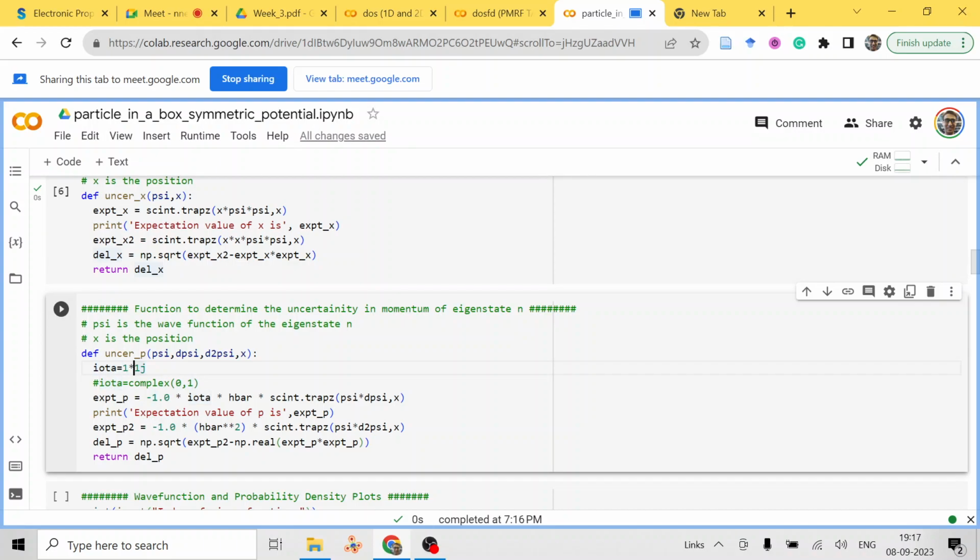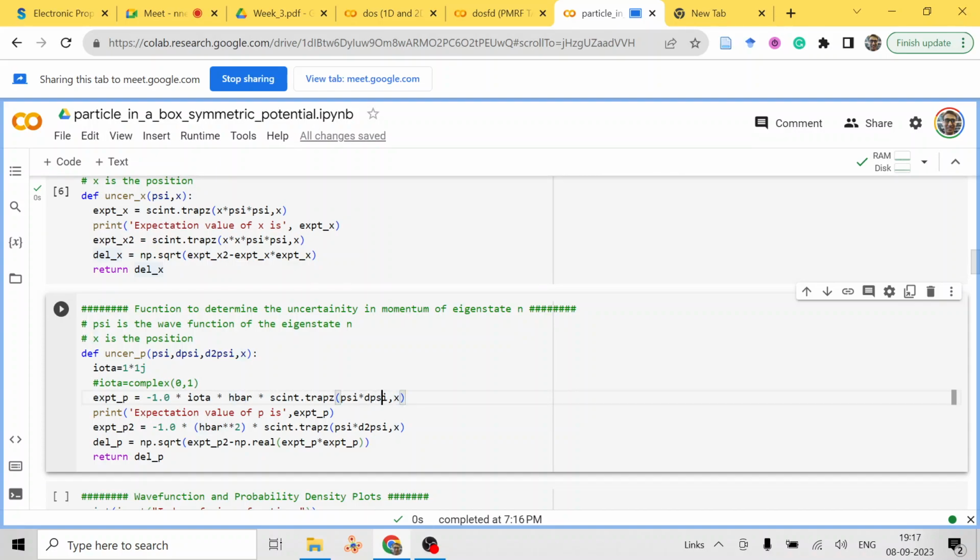This complex number could be defined like this, or you can define iota equals complex(0, 1), where the real part is 0 and the imaginary part is 1. So I am using this method. I have defined iota here, and then we know that the expectation value of momentum is minus iota h cross, and within the integral you will have psi times del psi by del x, right?